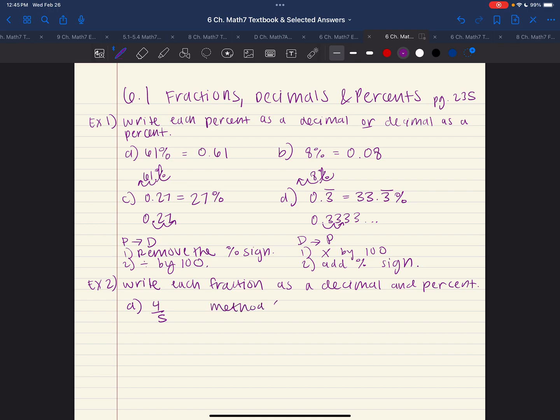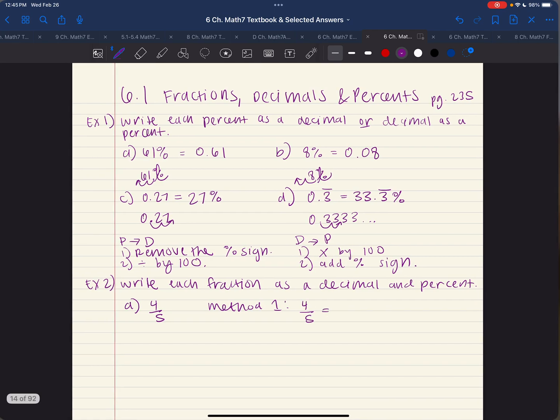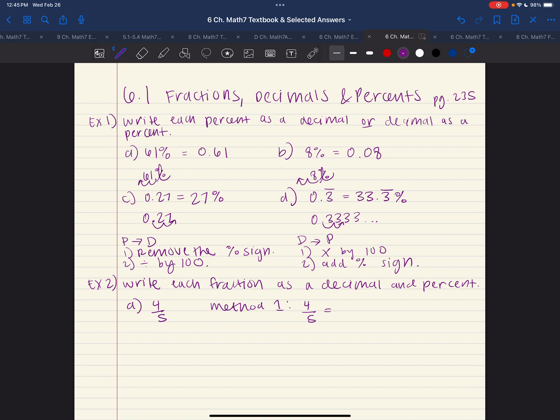Method 1, you're going to look at the denominator and see if it goes into a power of 10. So the powers of 10 include 10, 100, 1,000, 10,000, 100,000, a million, etc. So 4/5, 5 does go into 10 evenly. It also goes into 100 or 1,000, but 10 is the smallest power of 10.